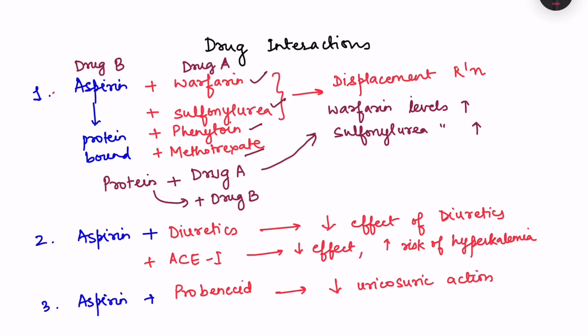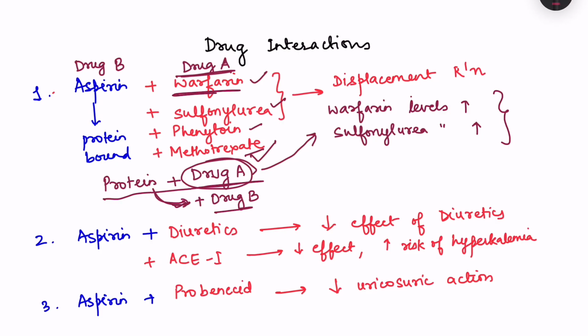So in patients who are on these drugs, if aspirin is given, there will be displacement of these drugs. Protein is already bound with drug A. If you give drug B, protein will bind to drug B and some of drug A is going to be displaced, and the levels of these drugs are going to increase in blood, and this can lead to toxicity.